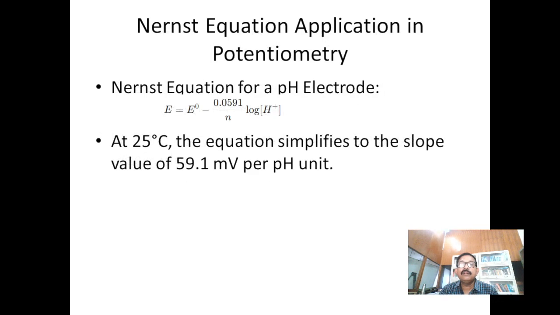Those values, the gas constant, temperature and Faraday's constant, are substituted, and finally we get the form E is equal to E naught minus 0.0591 by N log of H plus ion concentration. At 25 degrees centigrade, the equation simplifies to a slope value of 59.1 millivolt per pH unit.